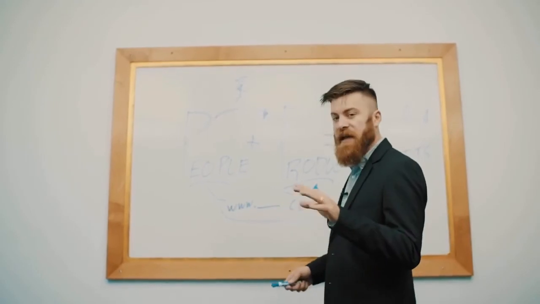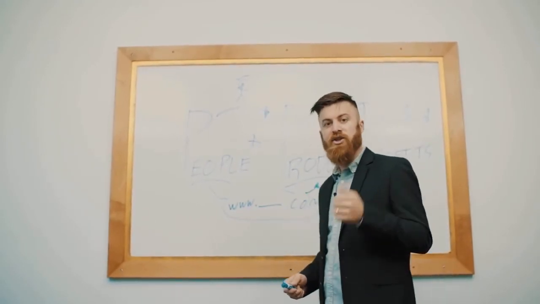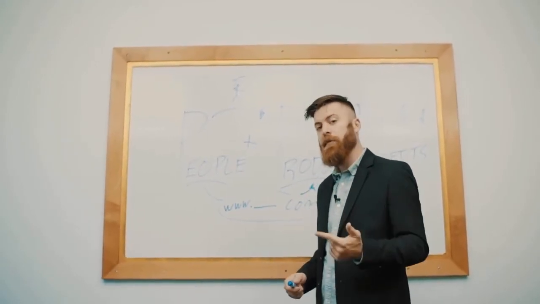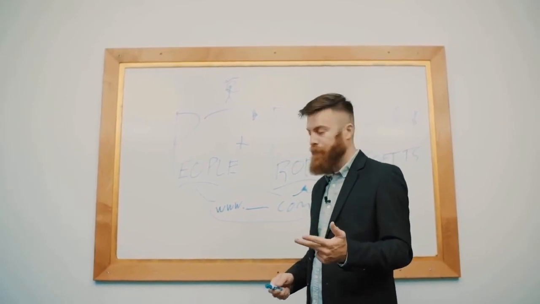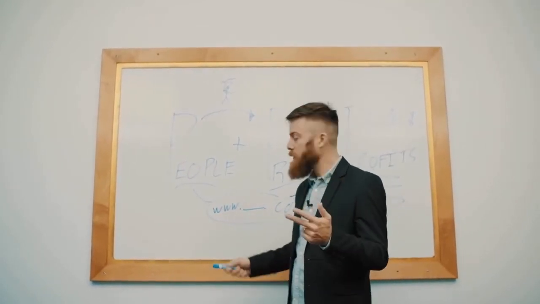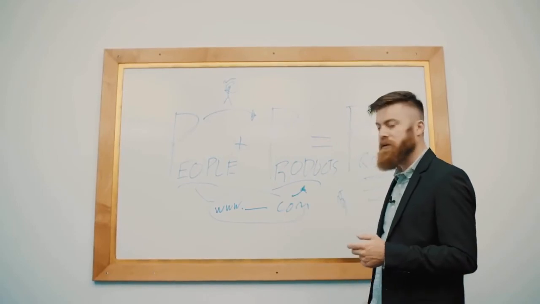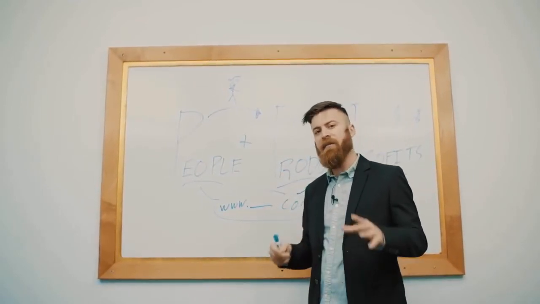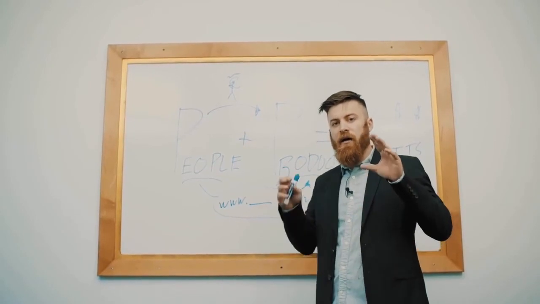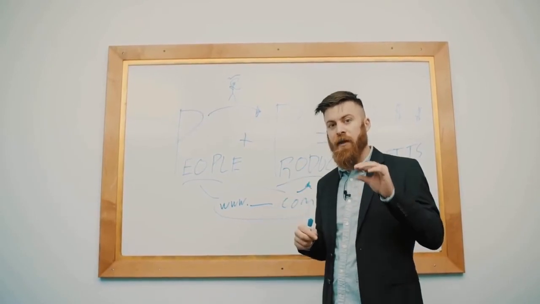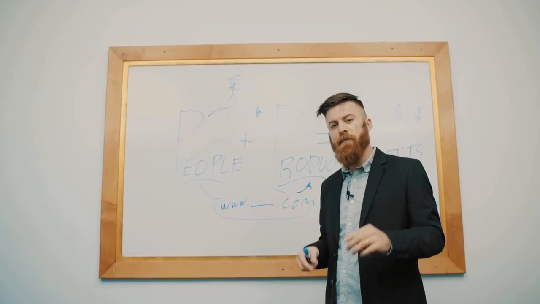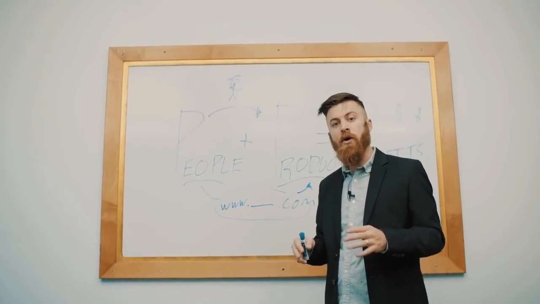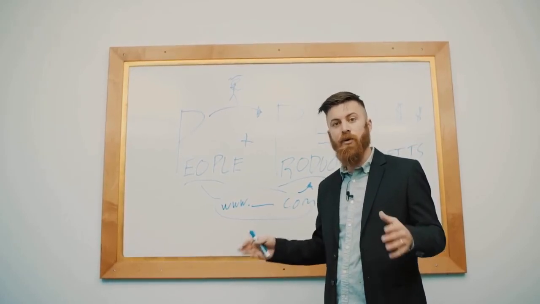Now, I've shown you some examples of very large companies such as Hotels.com, Airbnb, Uber, that are connecting people with products and making billions of dollars. But let me show you some examples of some students of mine that are doing this in small niches, making hundreds of thousands of dollars or even millions of dollars per year.